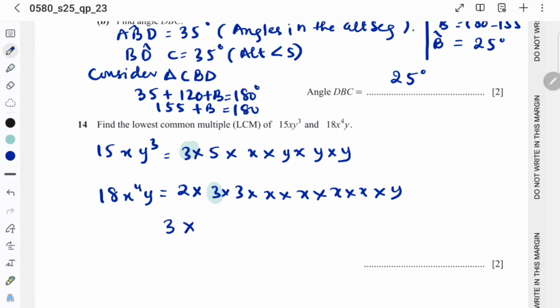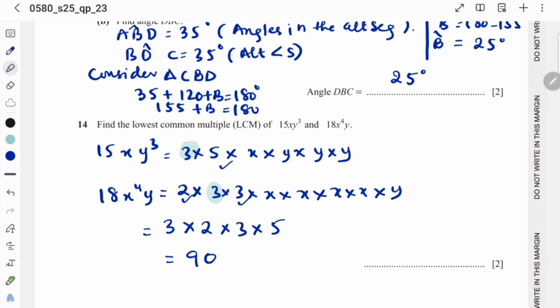And then write down the rest of the numbers. We have 2, 3 and 5. 2 threes are 6, 6 threes are 18, 5 twos are 10 and 3 threes are 9. Then it is 90. Now look at the variables.